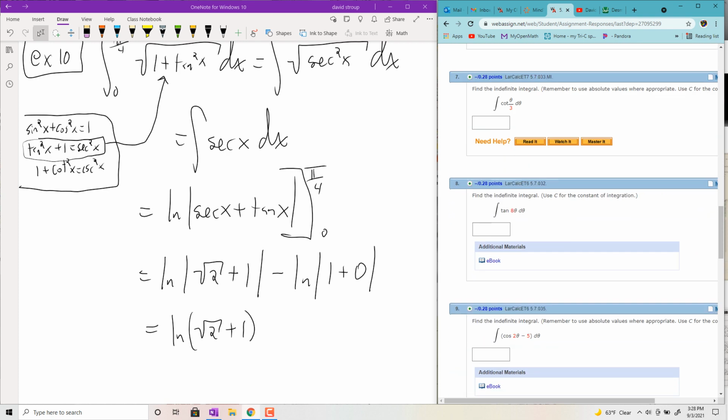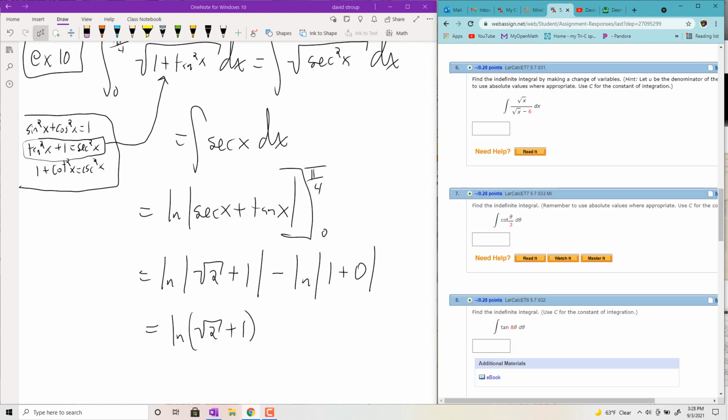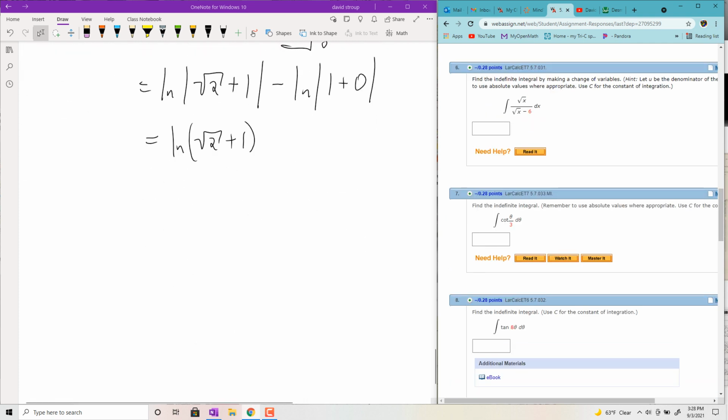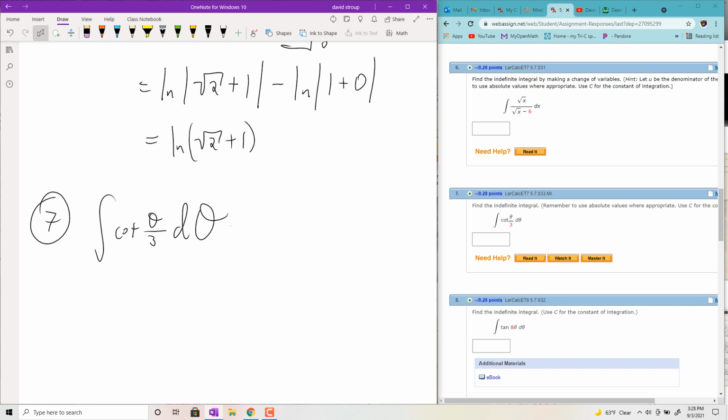That one looks annoying. Let's try number 7, this cotan version. Integral of cotan of theta over 3 d theta. So I'm going to rewrite it as cosine of theta over 3 all over sine of theta over 3 d theta. Then I'm going to do u sub for sine.